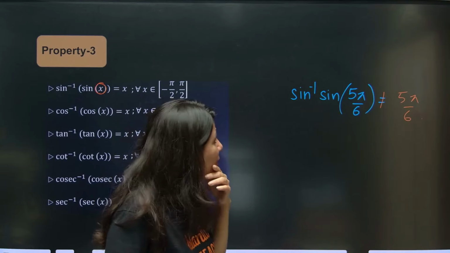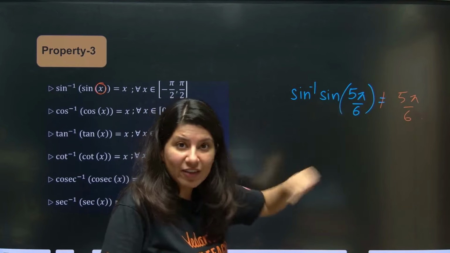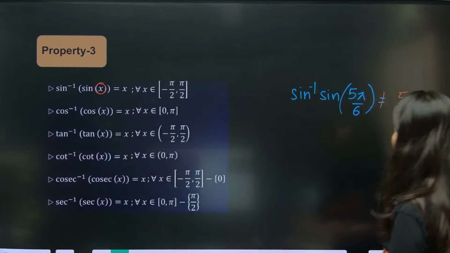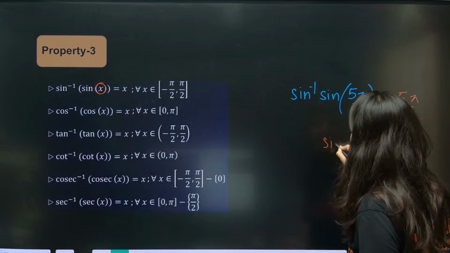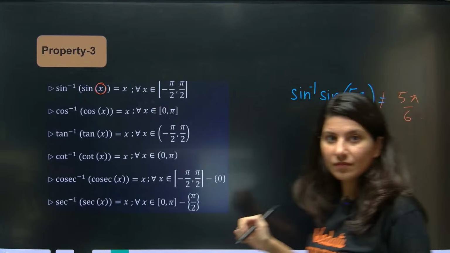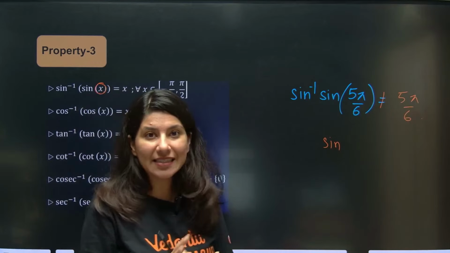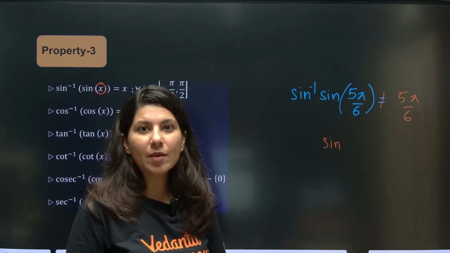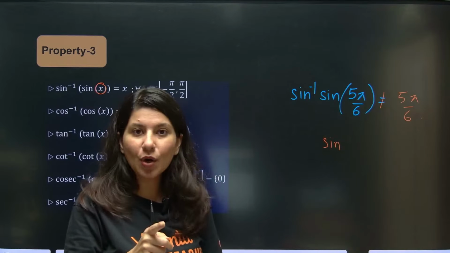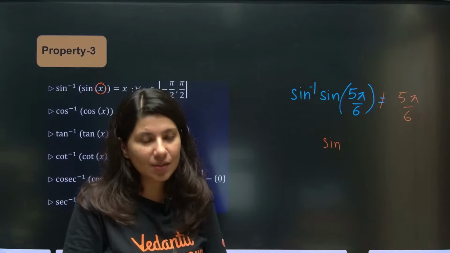So what you need to do is, for sine 5 pi by 6, write the equivalent angle in either the first quadrant or the fourth quadrant. So 5 pi by 6, tell me. Ma'am, 5 pi by 6 means second quadrant. In the second quadrant, sine is positive.